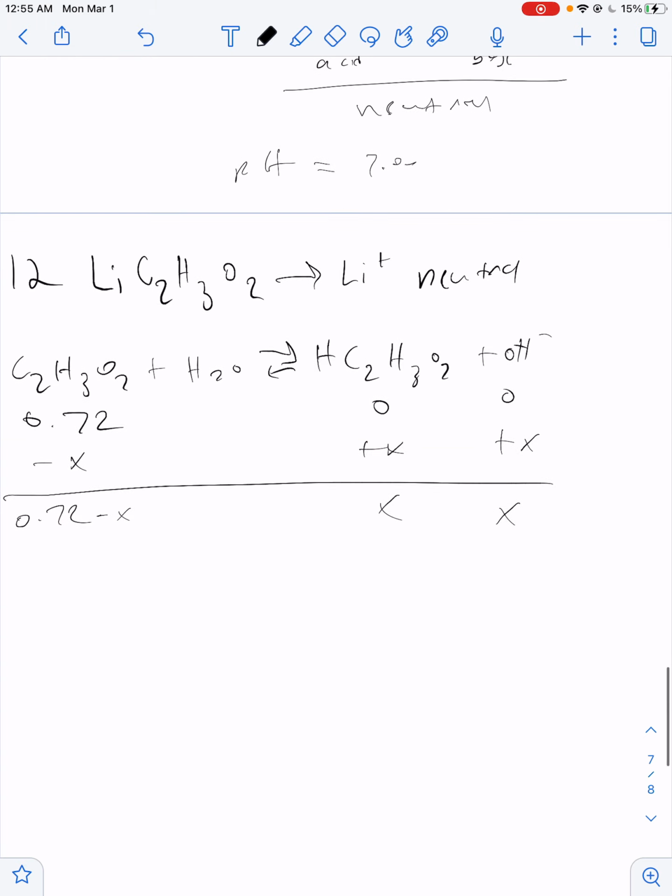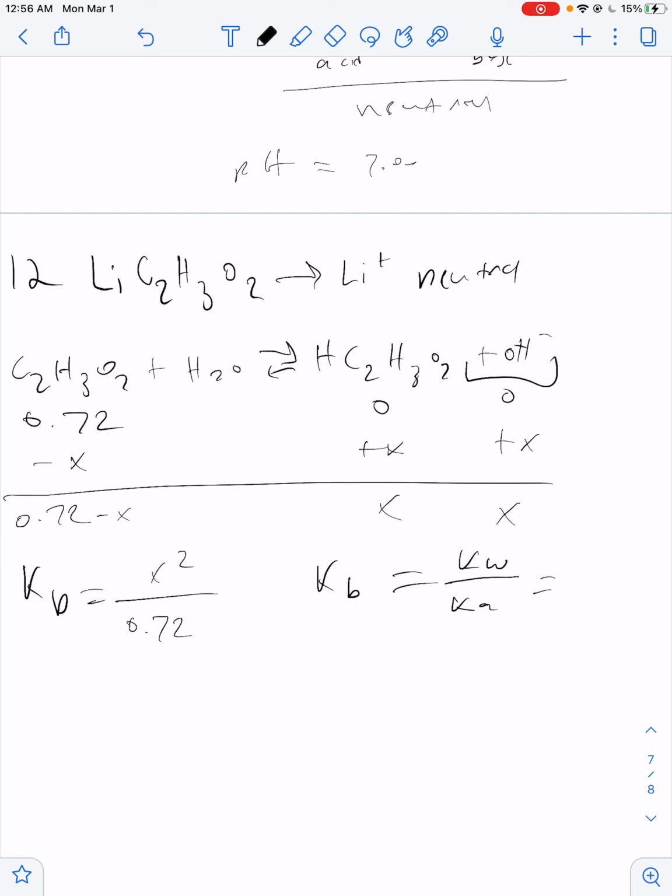Okay, now we're going to have our Kb equation. It's Kb because we have OH- here. And then we have X squared over 0.72, right? And the question gives us Ka, but we need Kb, so we get Kb equals Kw over Ka.